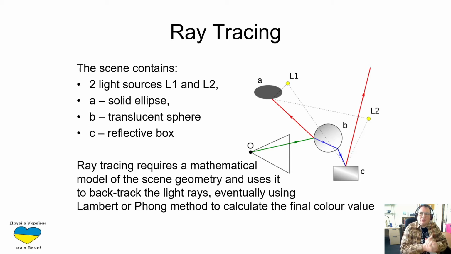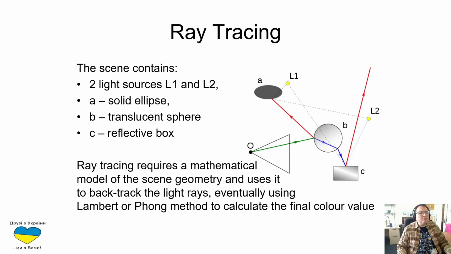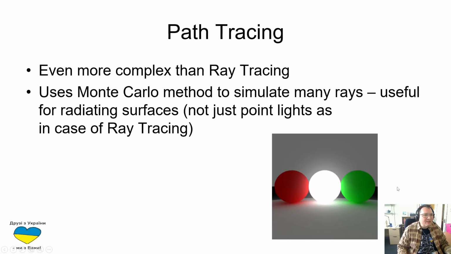rule behind ray tracing. If you like a method which is even more complex than ray tracing, here it is, path tracing. It uses the Monte Carlo method, so random probing of the surface to simulate many rays, which will be useful for radiating surfaces such as this emissive bulb or sphere in this picture here.